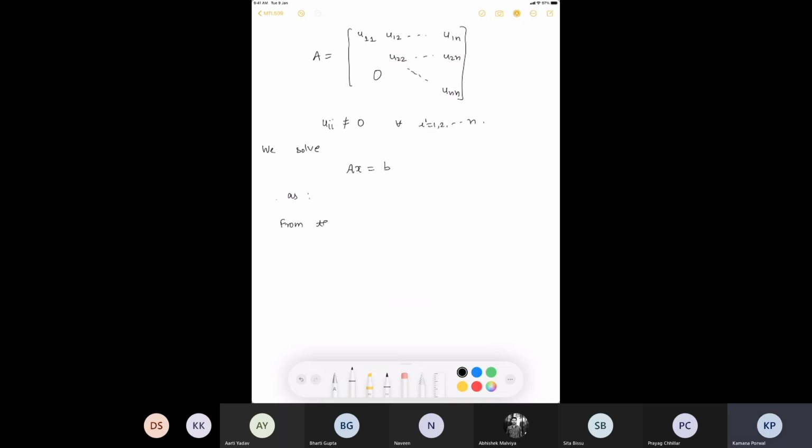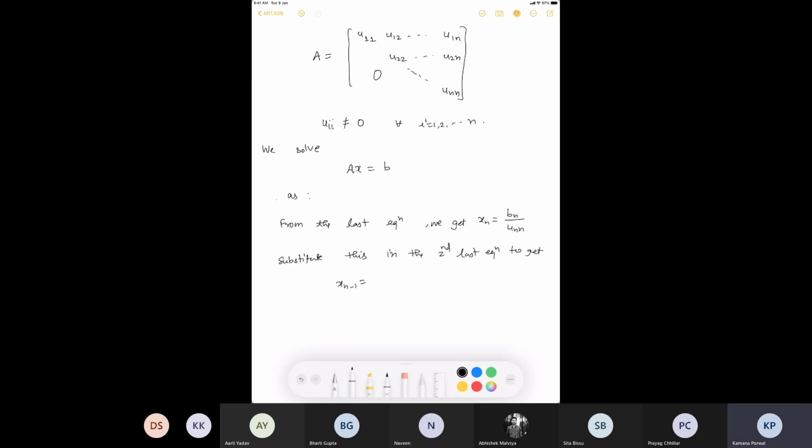From the last equation, we will get xn as bn divided by Unn, right? And now we substitute this in the second last equation to solve for xn minus 1.